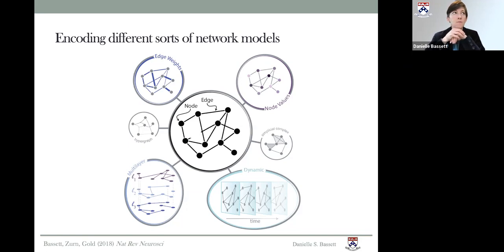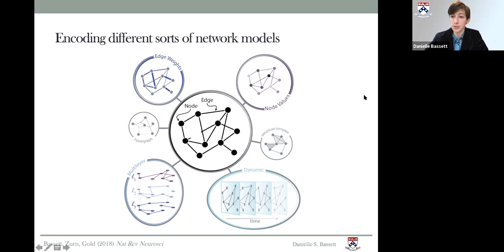Well, in the human brain, each region has different levels of gene expression, different levels of metabolism, blood flow, neurotransmitters, and activity. All of these features of a single region can be encoded inside of the network, and then we can ask questions about how the features of a single region help to explain or qualify the architecture that we observe in the connections between regions.